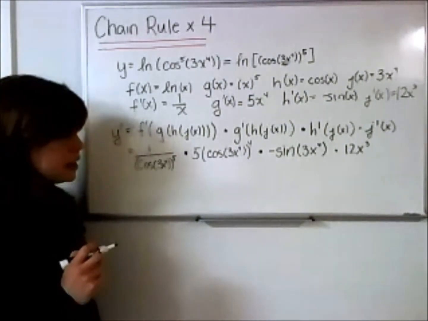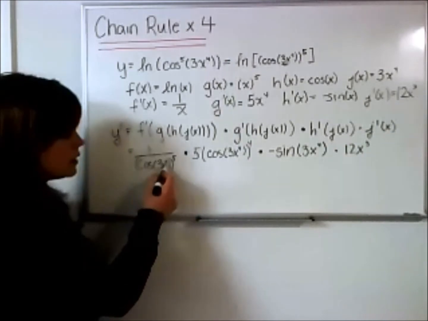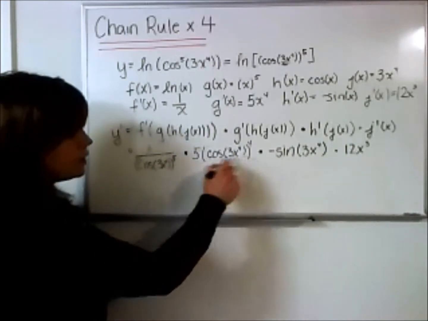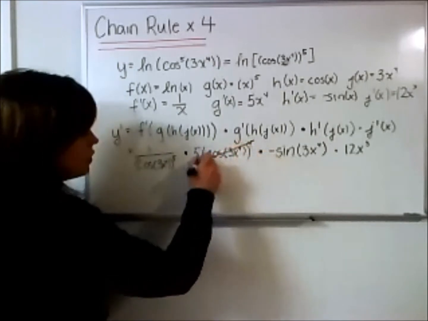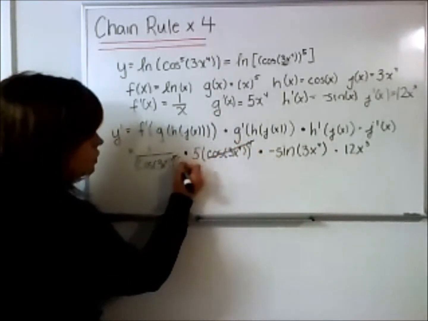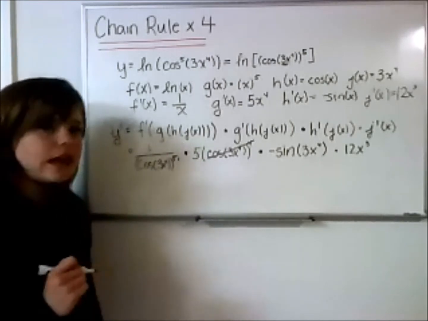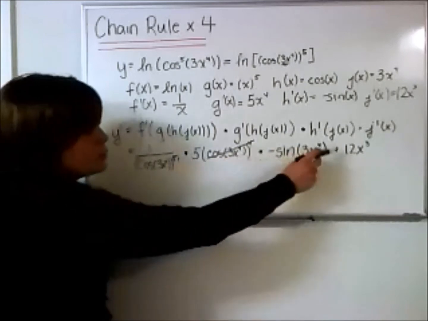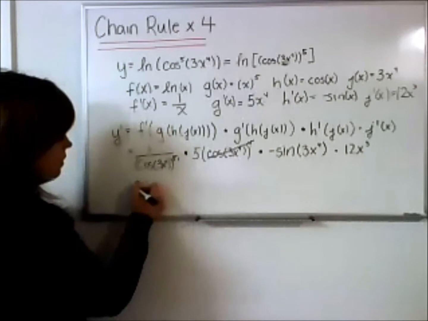The first thing that I notice is that I have a cosine of 3 times x to the 4th in a denominator, and that's raised to the 5th power, and over here I have it raised to the 4th. So that actually crosses out this entire quantity, and we're left with just 1 in the bottom. It doesn't look like anything else will cross out, so I'll just simply multiply 5 times 12 and put this all in the numerator.